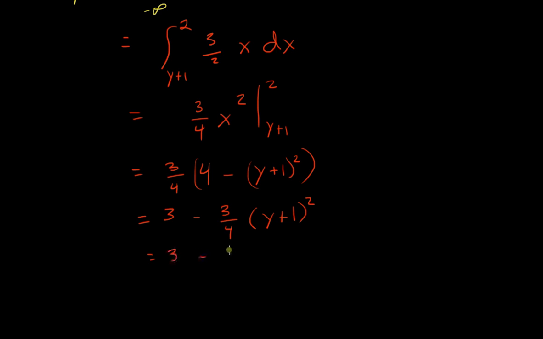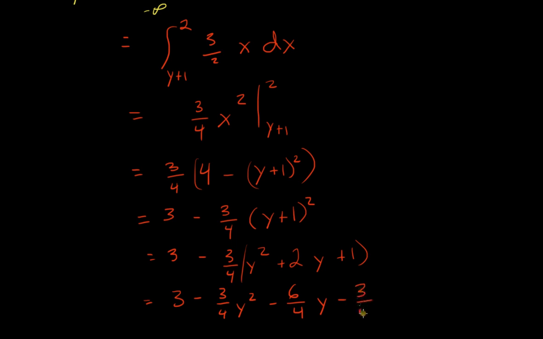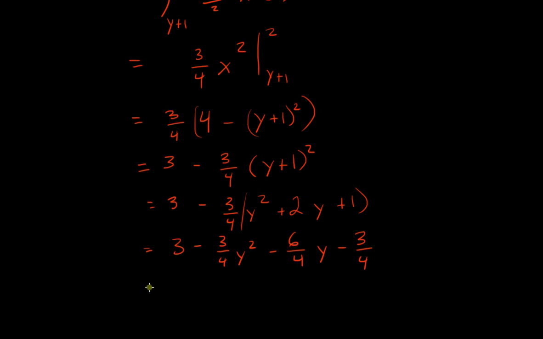So this is 3 minus 3/4 times y squared plus 2y plus 1, and then distribute that 3/4. That gives negative 3/4 y squared minus 6/4 y minus 3/4, plus the 3 brought over, which is 12/4.